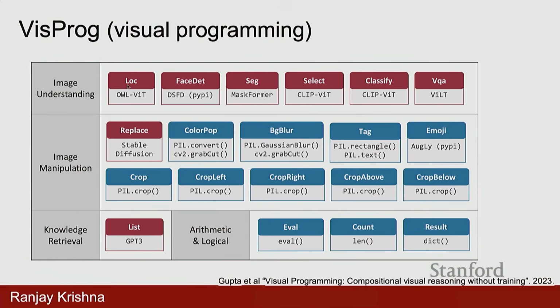You can localize things using an object detector. You can localize faces using a face detector. And you can have all of these different capabilities across many other models that people have created, and you can chain them together to do different kinds of tasks. So there are 2 different ways of doing it. One is a static way, where you give it as diverse examples as possible and hope that it generalizes.